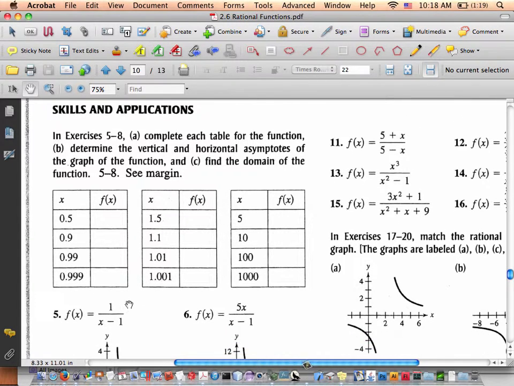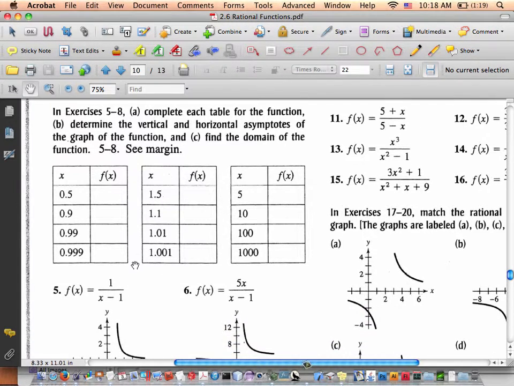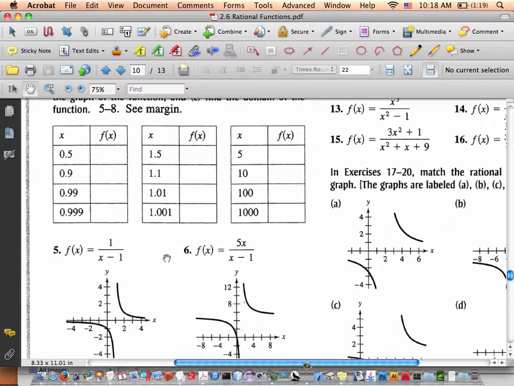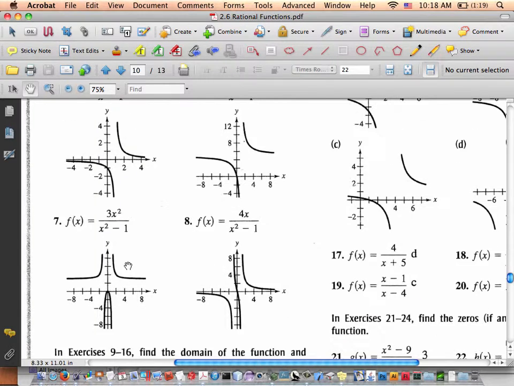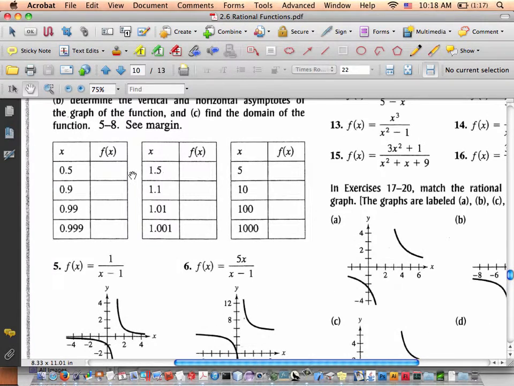Do you have to plug it into all three of those tables, or just one for each one? No. You're approaching 1, so yes, you're going to plug all three tables for 5, 6, 7, and 8. Because look at this one right here. The middle table, we're approaching what? 1 again, but from which direction?